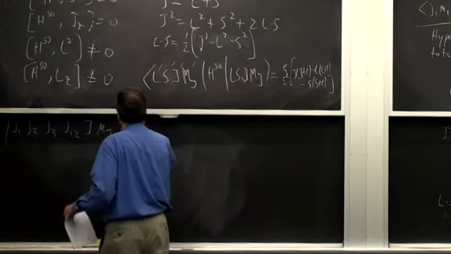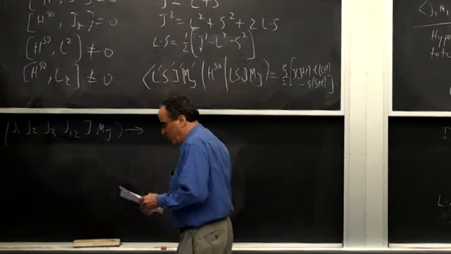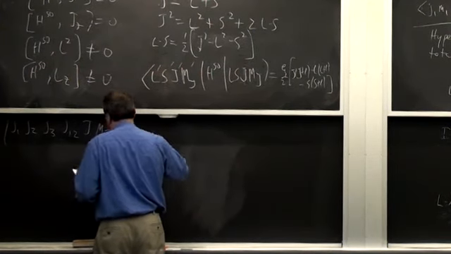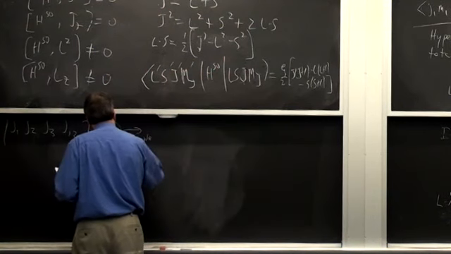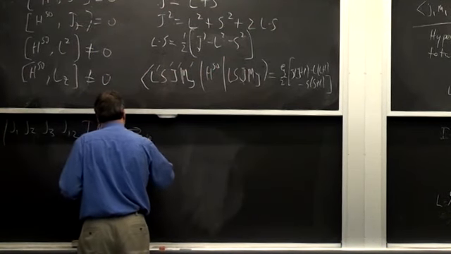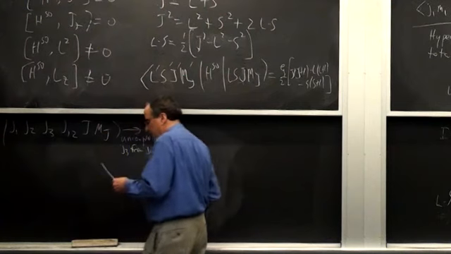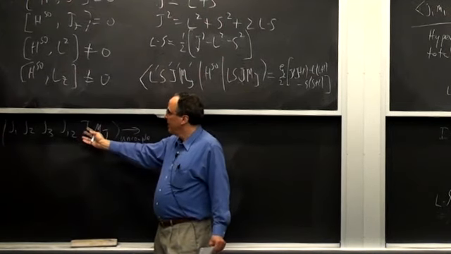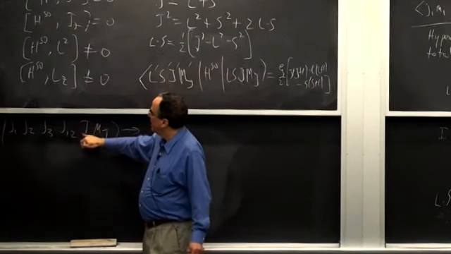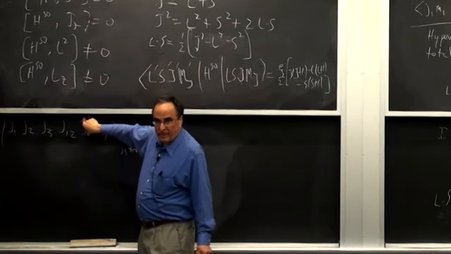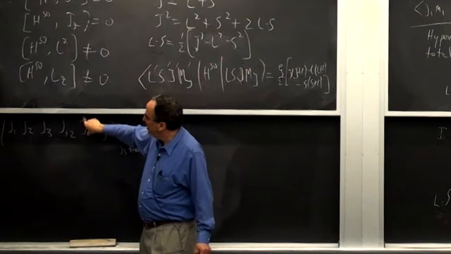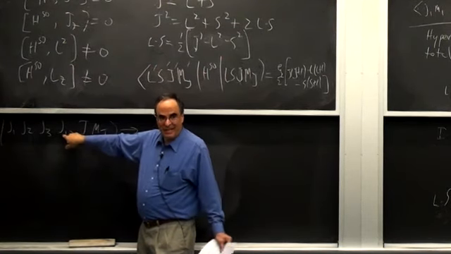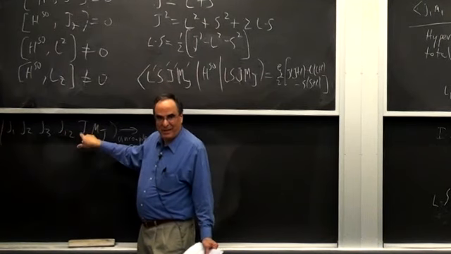What do we do? Well, the first thing you do is you uncouple J3 from J12. You always start with the total angular momentum, the biggest one, and you uncouple the secondary thing from it.